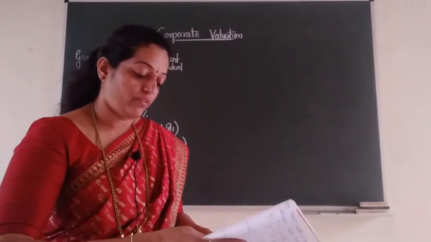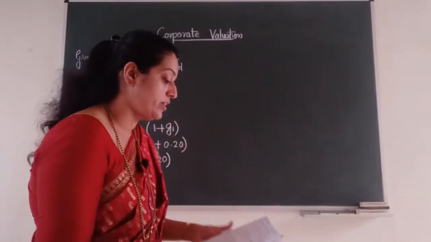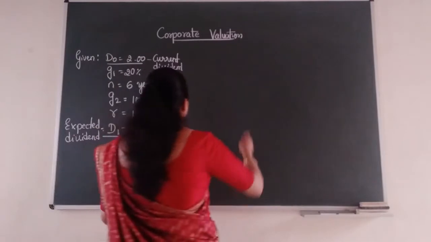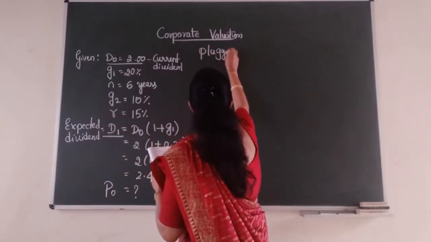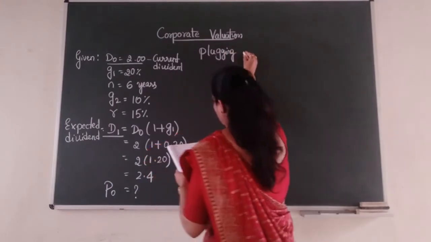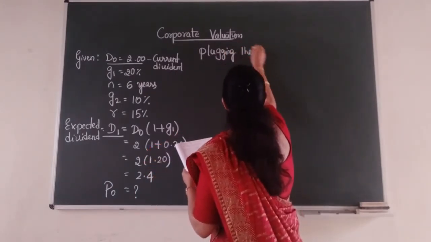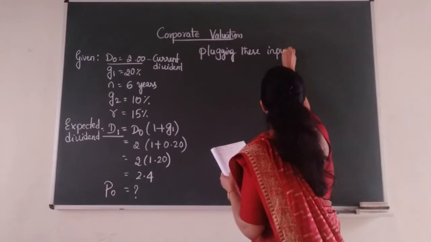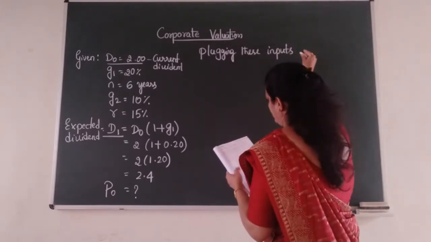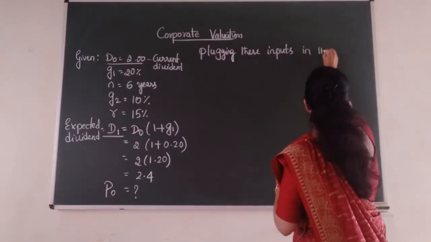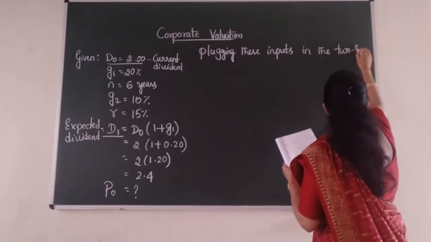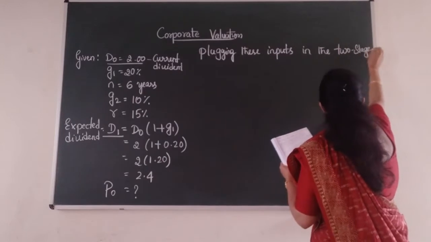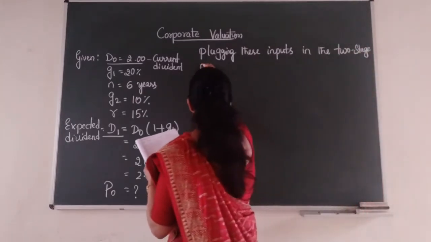So, the intrinsic value of the equity share of Vertigo is calculated as follows, plugging these inputs in the two-stage model.